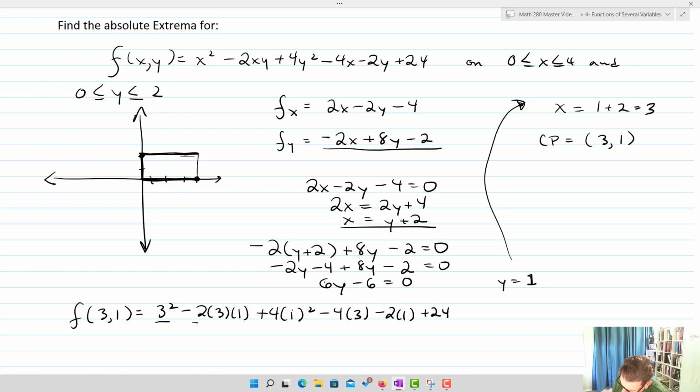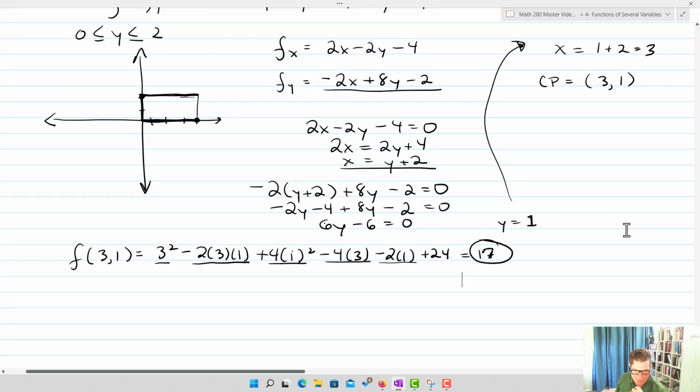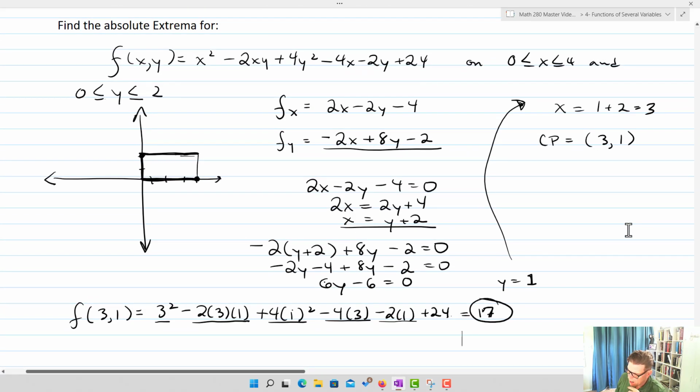That's 9 minus 6, which gives 3, plus 4 is 7, minus 12 is negative 5, minus 2 is negative 7, plus 24 equals 17. So the value of f of 3, 1 is 17. First step: we found the critical point and evaluated f at it. That's the only critical point we have, so that's all we need to do.